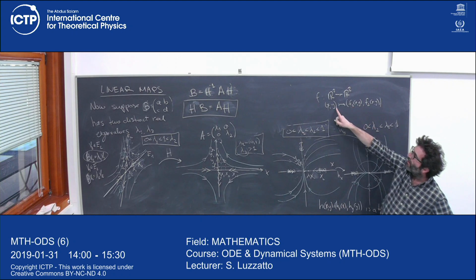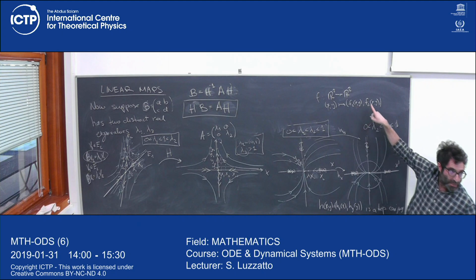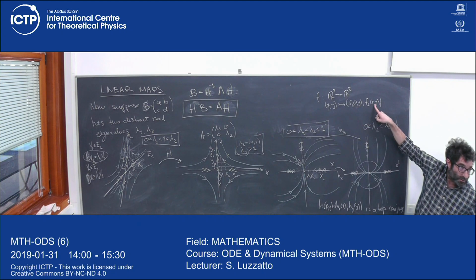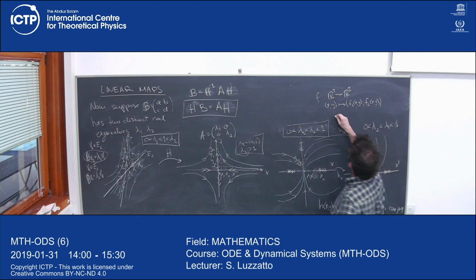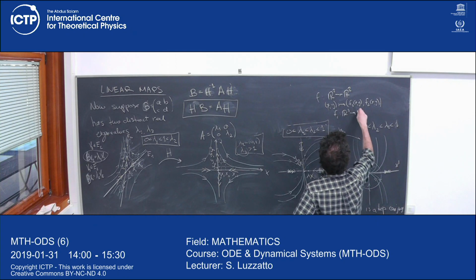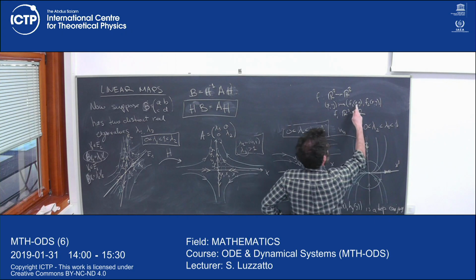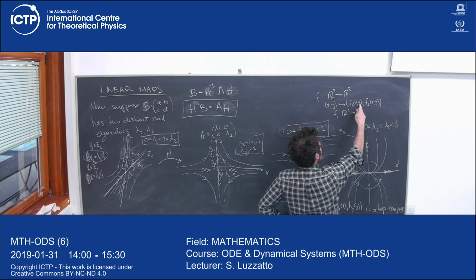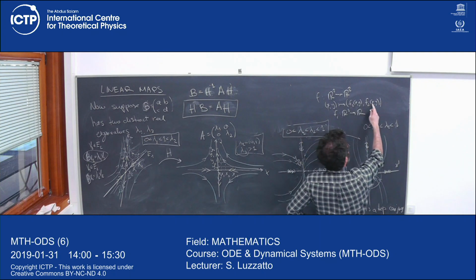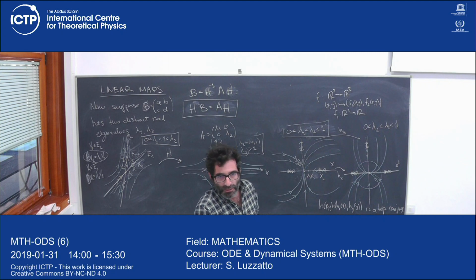Each one of these takes this point and tells you what the value of the first coordinate is, and this tells you the value of the second coordinate. So each of these is now a map from R2 to R. And as a map from R2 to R, you can take its partial derivative with respect to x and with respect to y. If all four partial derivatives exist and are continuous, then the map is C1.